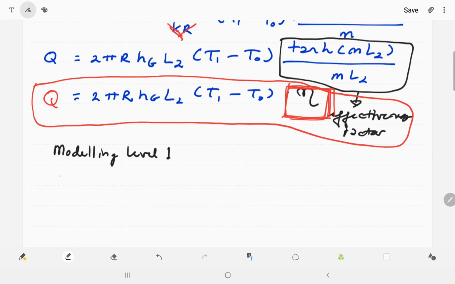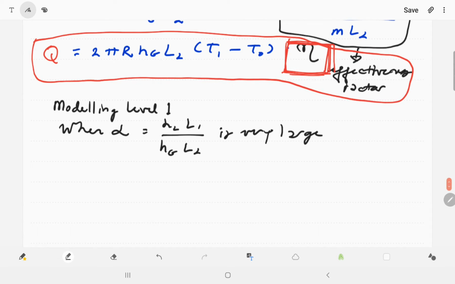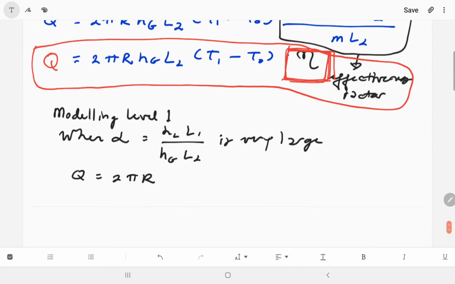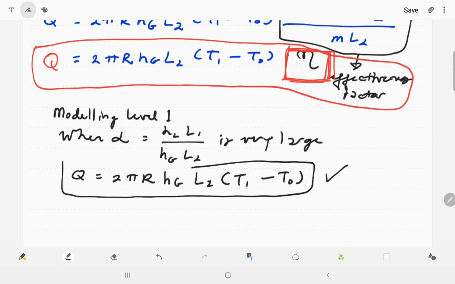We have an expression for when HL, L1 divided by HG, L2 is very large, then we have this particular Q, 2 pi r Hg L2 (T1 minus T0), which becomes valid. So this was what we get from modeling level 1.